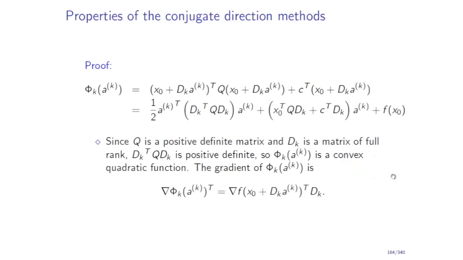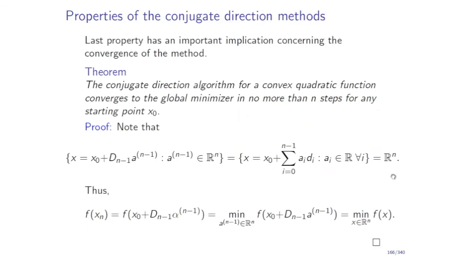Now, what this fact also means is that if I select n Q-conjugate directions and perform the corresponding n steps, then the point that we get will be the minimizer with respect to these n linearly independent directions.